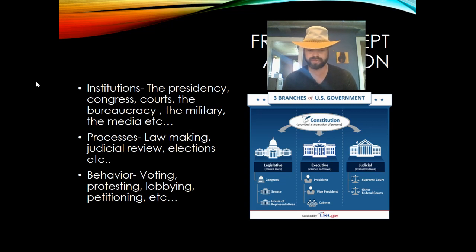It could be lawmaking, judicial review, elections, anything that's a process in the context of politics could be asked in these FRQs. And a behavior is any political behavior like voting, protesting, lobbying, petitioning, things that people do to practice their politics. So again, these three things are what's going to be the focus of these FRQs.